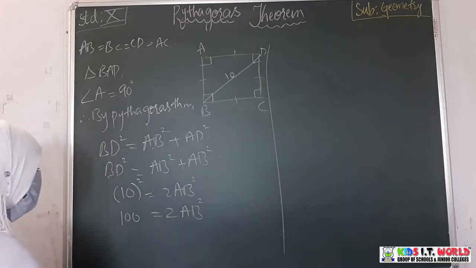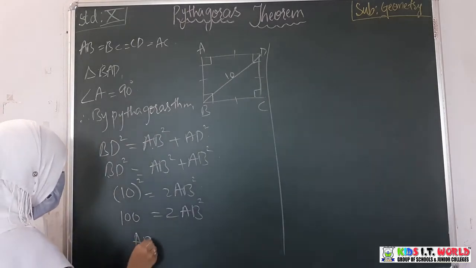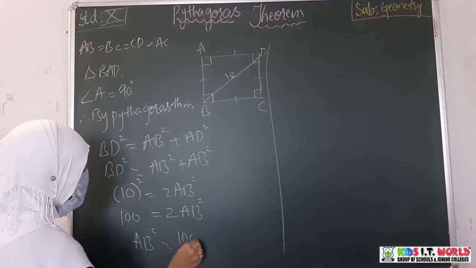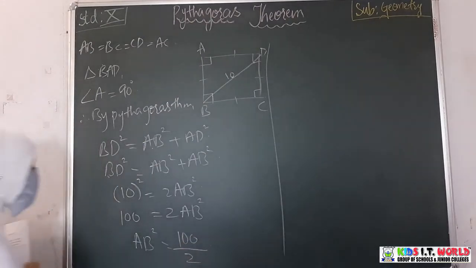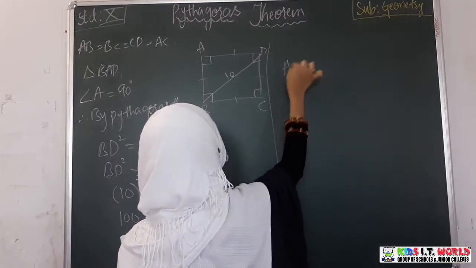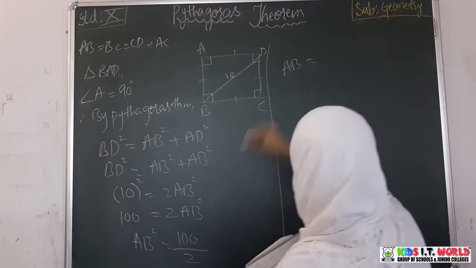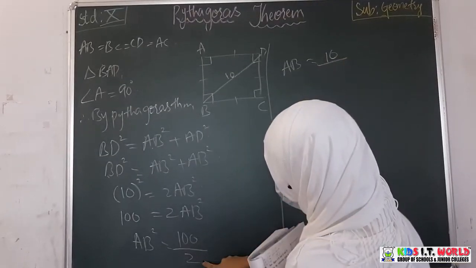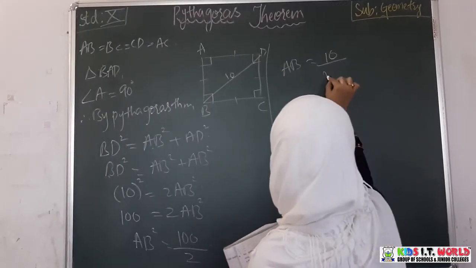Now AB square is equal to 100 divided by 2. Taking square root on both sides, AB is equal to the square root of 100, that is 10, divided by square root of 2.